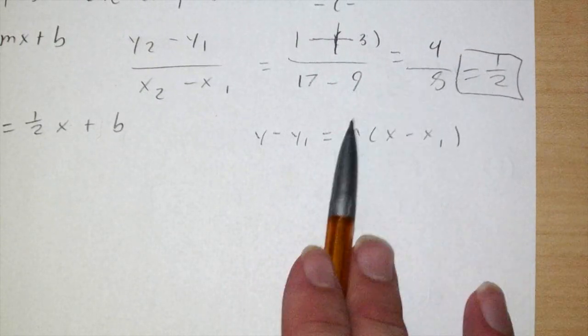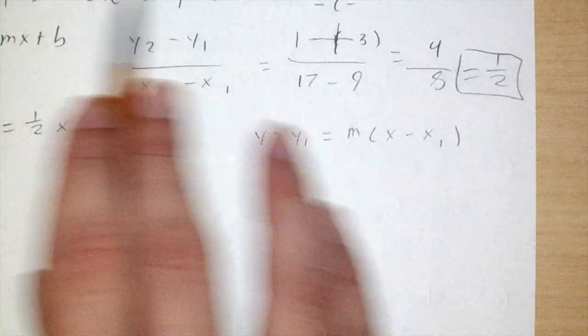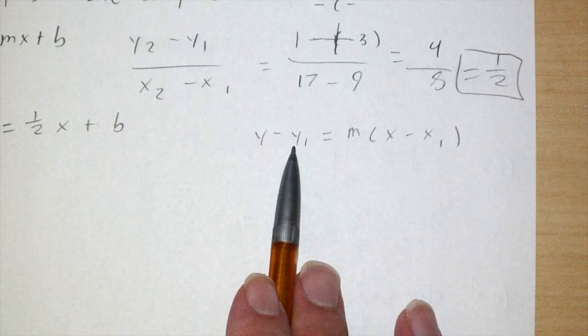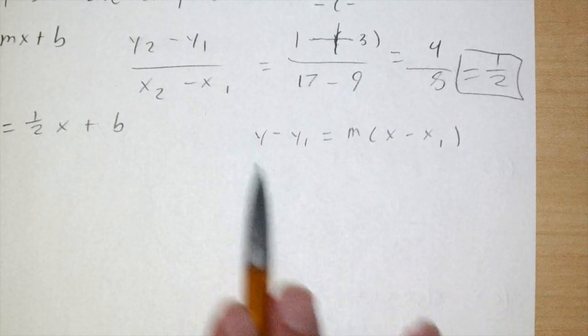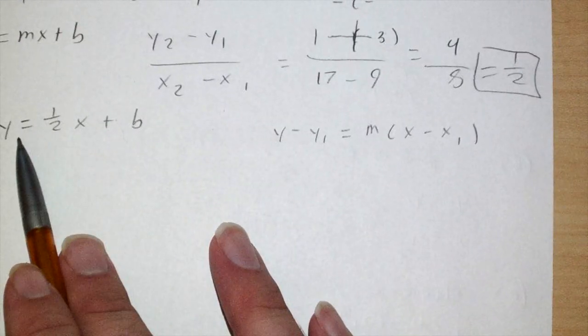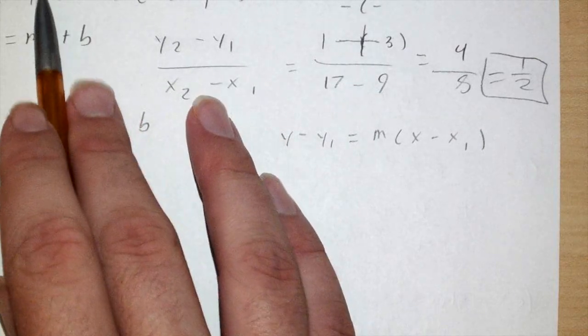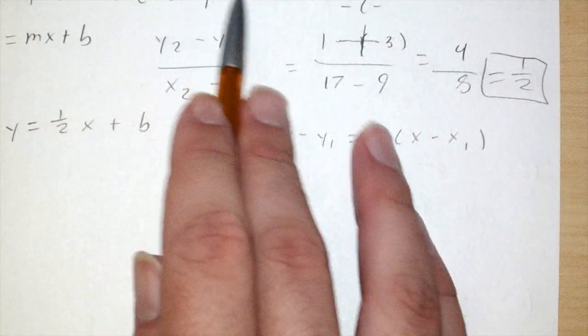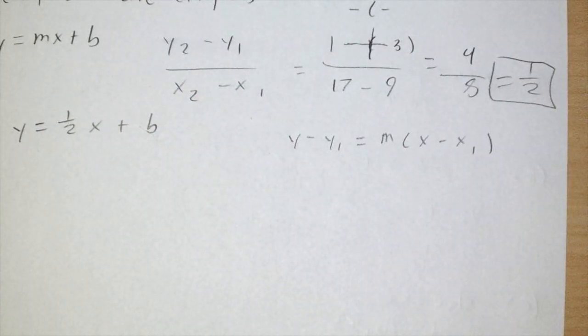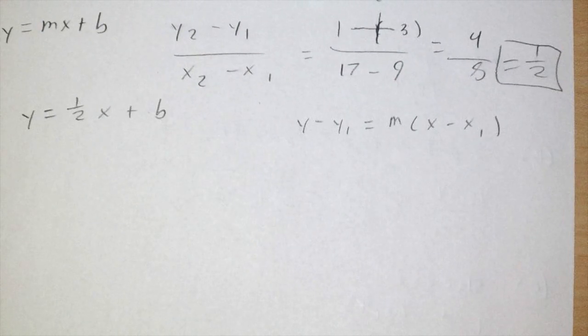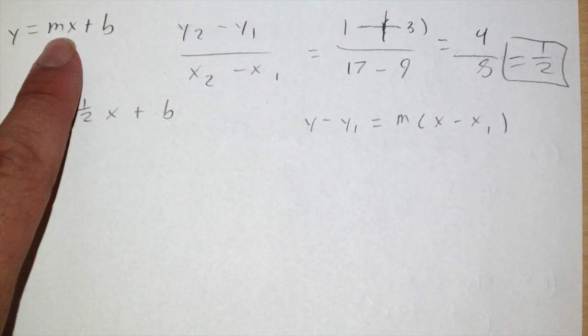If we plug in 1/2, we can put either of these 2 points in for the y1 and x1, and then we can convert this to y equals mx plus b. Okay, so let's actually do that. I avoid negatives if I can, so I'm going to plug this into my equation. So again, our goal is just to make an equation in y equals mx plus b.